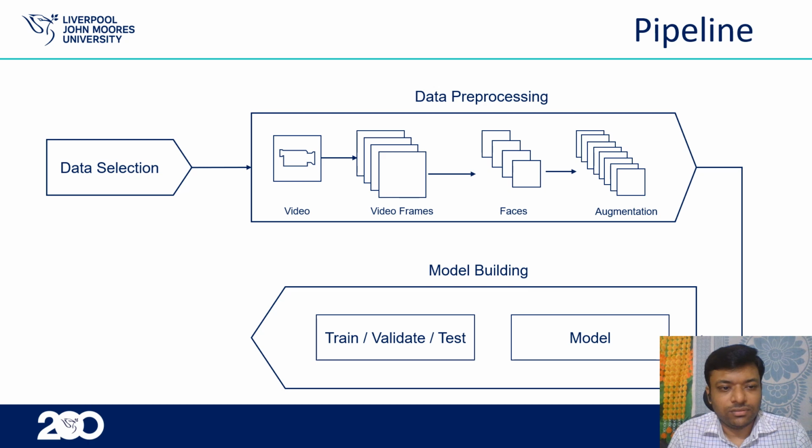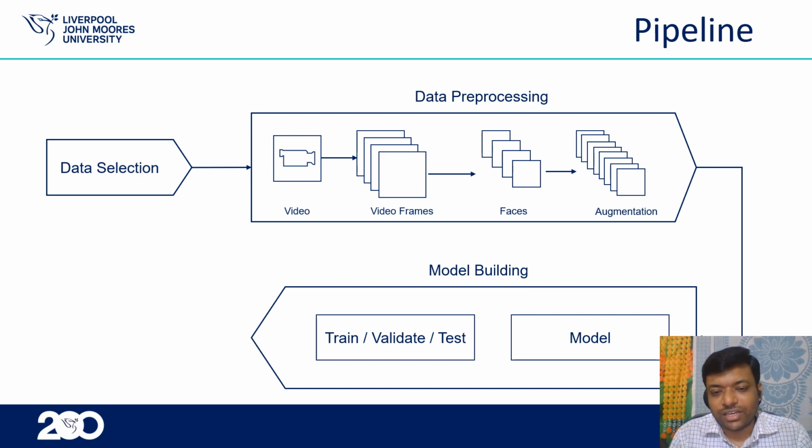Coming to the pipeline. For data selection, we already selected the DFDC data. After that, we fed it into the data pre-processing pipeline. This pipeline takes each video and extracts the video as frames, meaning a stack of images, and basically we extracted 10 frames per video.